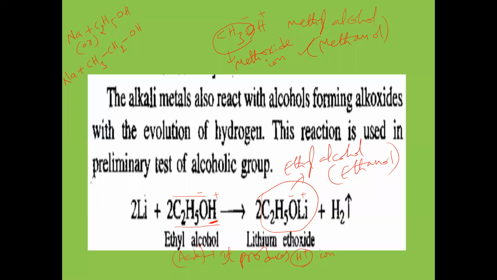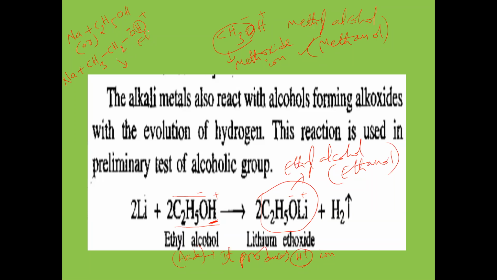This is also ethyl alcohol, the same C2H5OH, which I have expanded like this. Here H plus is the hydrogen ion. The remaining part, CH3 bond CH2 bond O minus, is called the ethoxide ion.